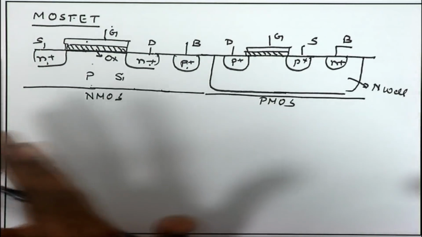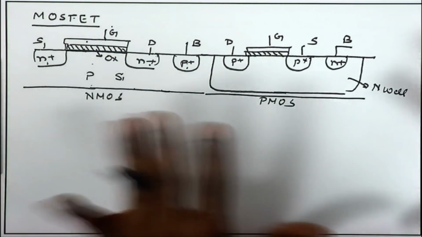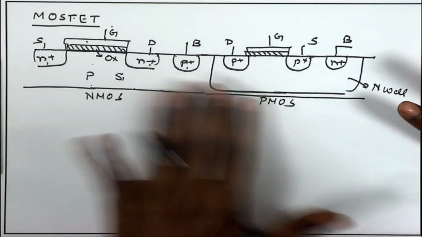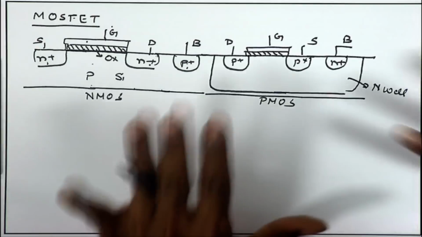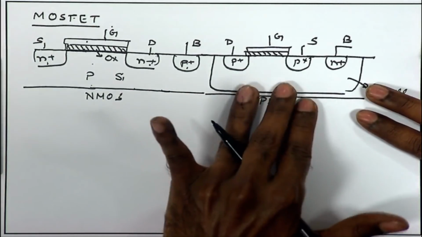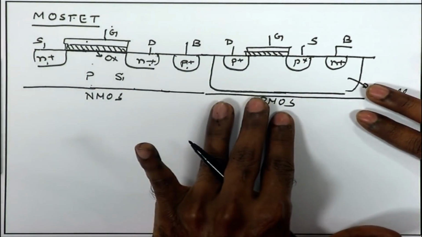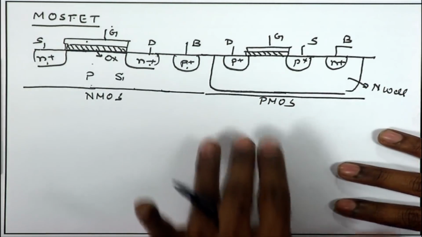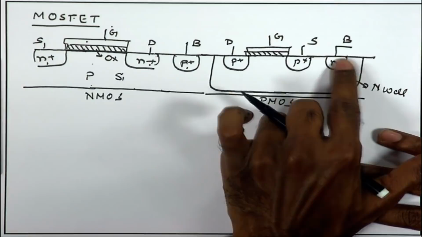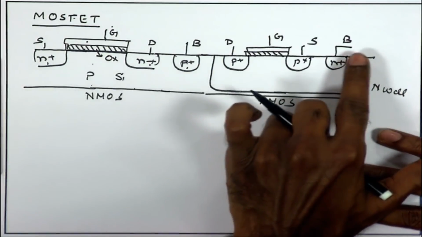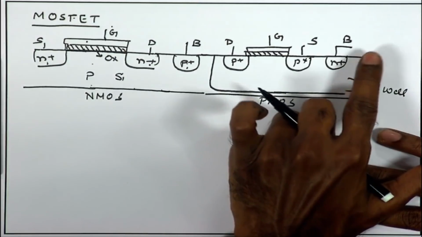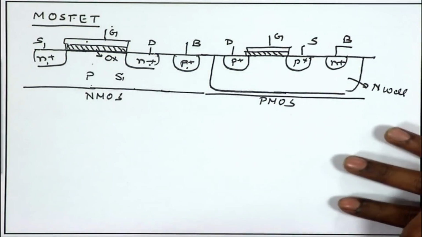But a very popular one is the N well technology, and we should be aware of the terminal characteristics of the substrate required for NMOS and PMOS, so that while talking about real circuit design, we are aware of the body terminal, how to connect it, and what the effect is if we have different voltages at the body terminal. So, that also becomes important while looking at the circuits.